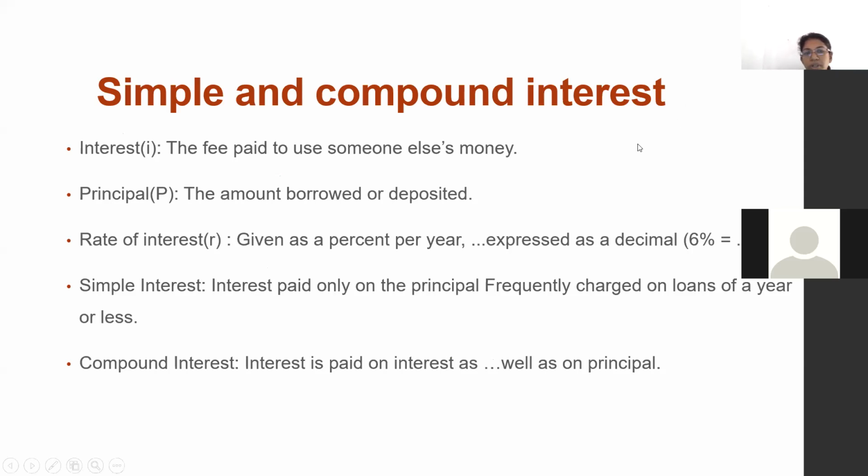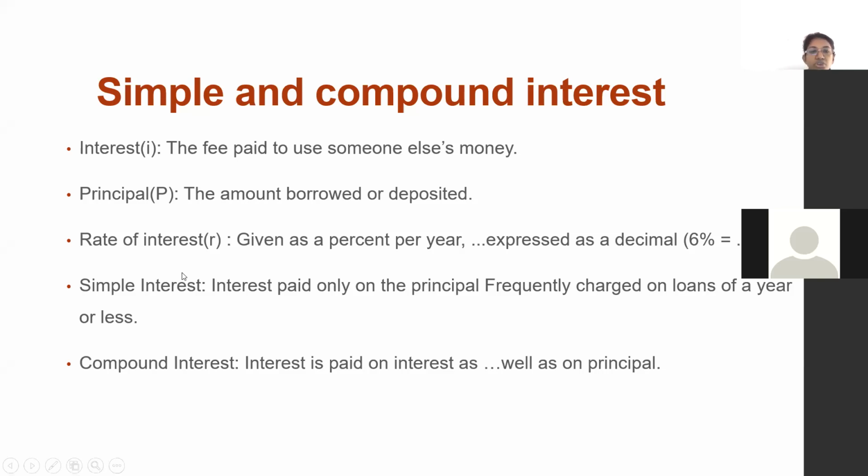According to simple interest, these are the key terms you have to know. First one, I for the interest, P for the original amount we are going to deposit or borrow. Then R means the rate of interest. It will be given as a percentage or as a decimal.